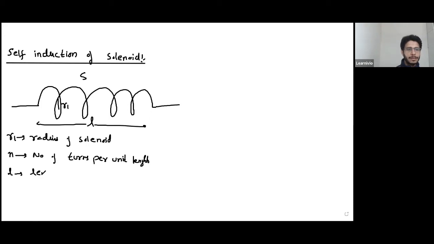L is the length of the solenoid. Some current I is passing through the solenoid.